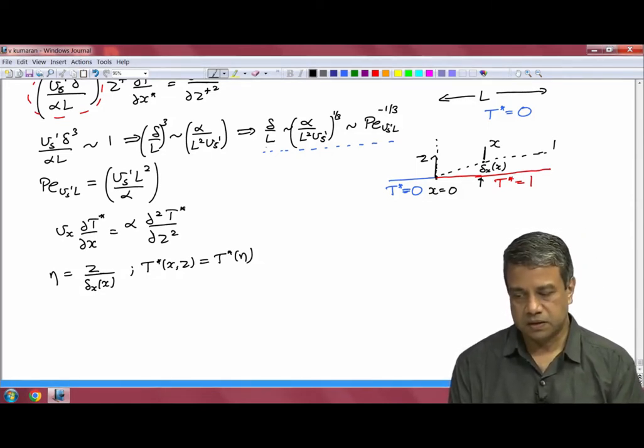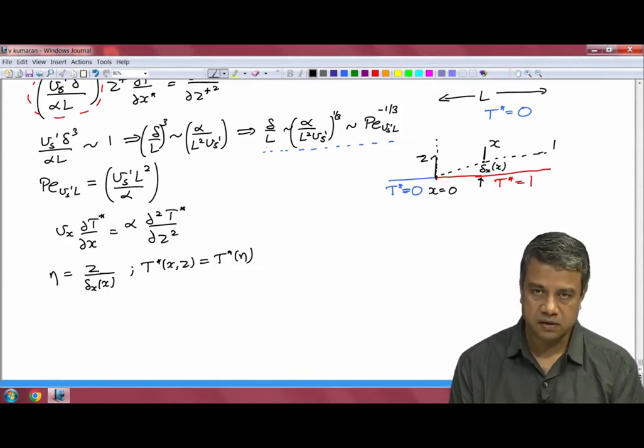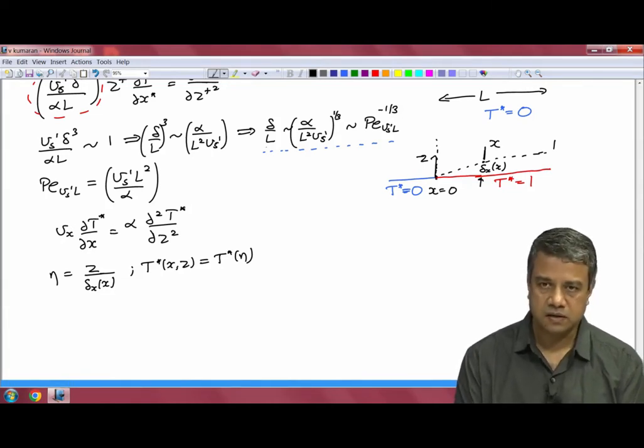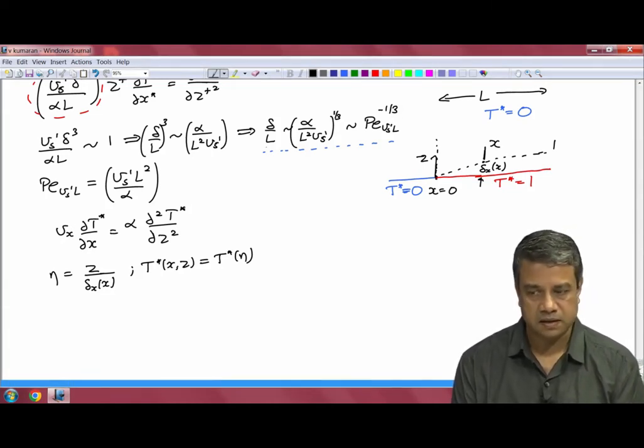So, why can I postulate this? First thing, there is no length scale in the cross stream direction. I have assumed that the fluid is of infinite extent in the cross stream direction, so there is no length scale there.